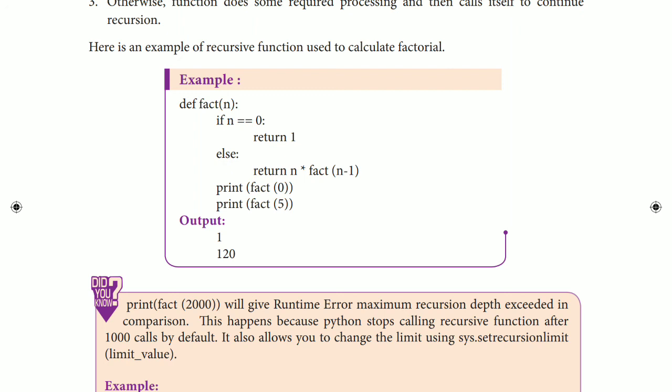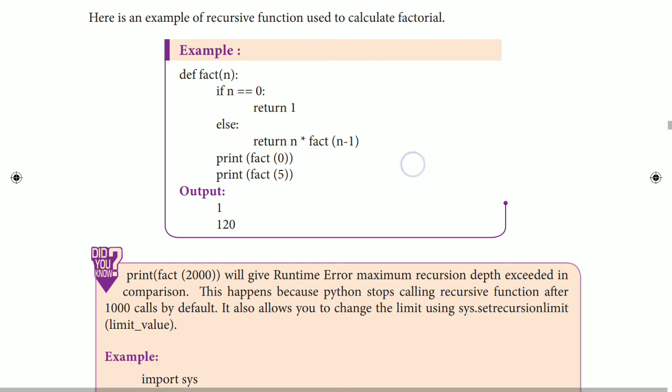When it comes to the else part, 5 into fact of n minus 1, which is 5 minus 1 is 4, it is calling its function again. At the end 5 into 4 into 3 into 2 into 1 into 1 will be gathered. 0 means it will take it as 1. After that the condition gets false and it will print 120.